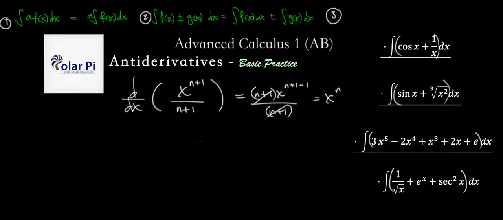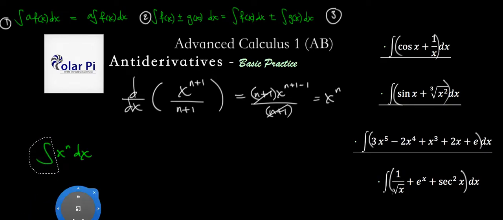So we see that the derivative of x to the n plus 1 over n plus 1 is x to the n, and therefore the antiderivative of, and I should write this in green, the antiderivative of x to the n dx should be this, because the derivative of this is x to the n. As I said, sigma, the antiderivative symbol, is always accompanied by dx, so don't worry when I say the antiderivative of x to the n that I also say x to the n dx.